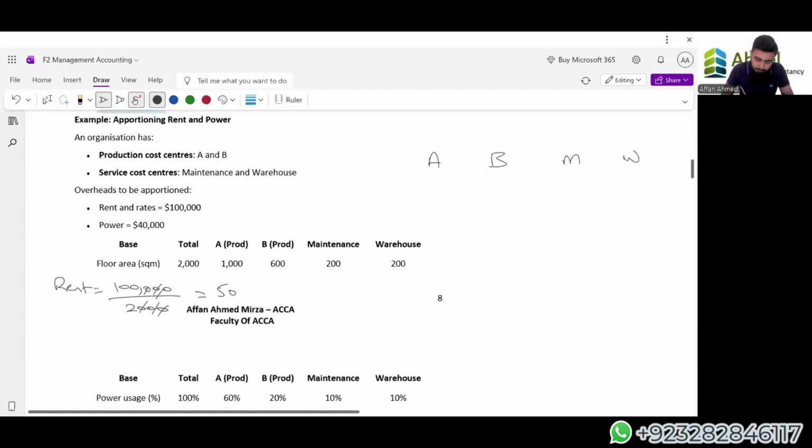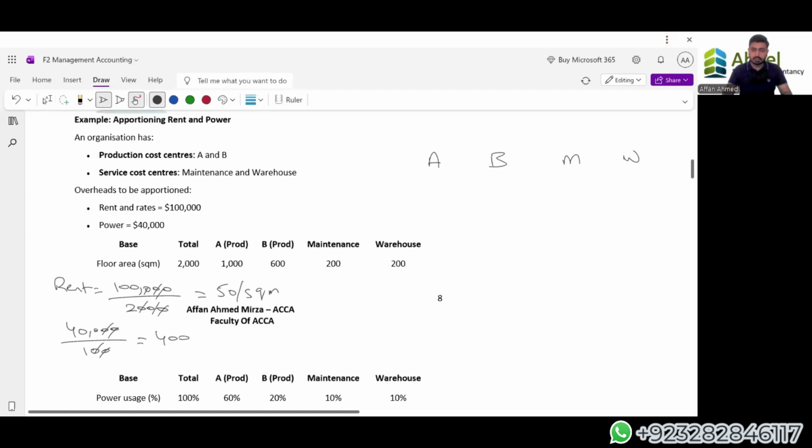Now this is 50 per square meter. And for electricity, I have a cost of 40,000, and I will divide it by 100% or 100. So it will give me 400 per percent.